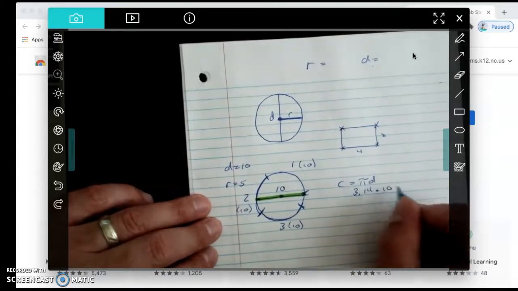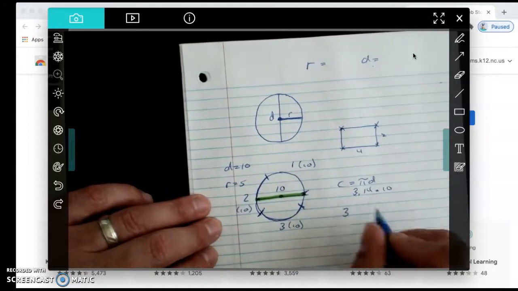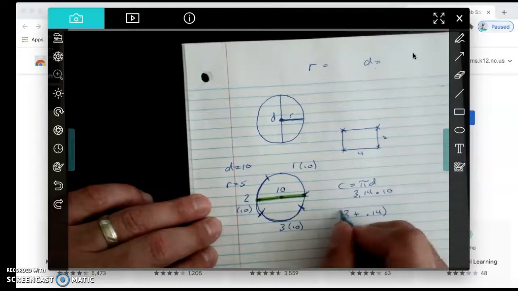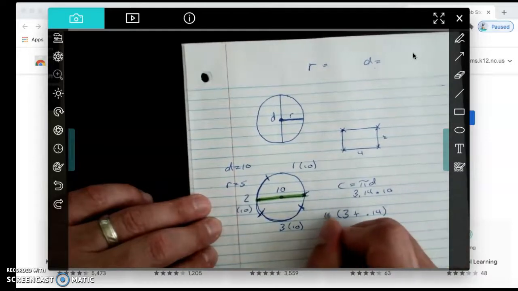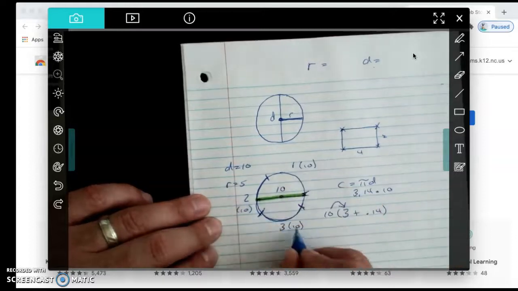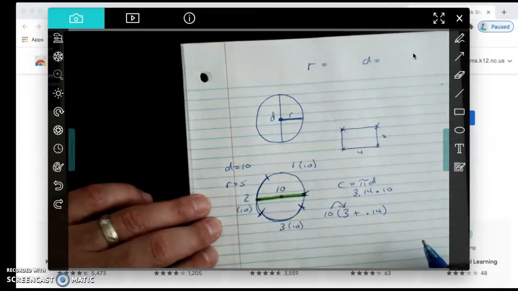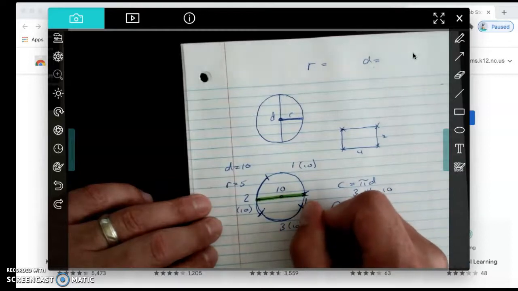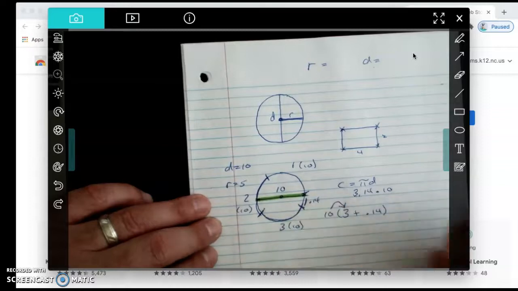You can think about this in distributive property terms: 3 plus 14 hundredths, times 10. I've done 10 times 3. 10, 10, 10. That's where we get to 30. This little gap right here is literally 0.14, 14 hundredths of another one of these.